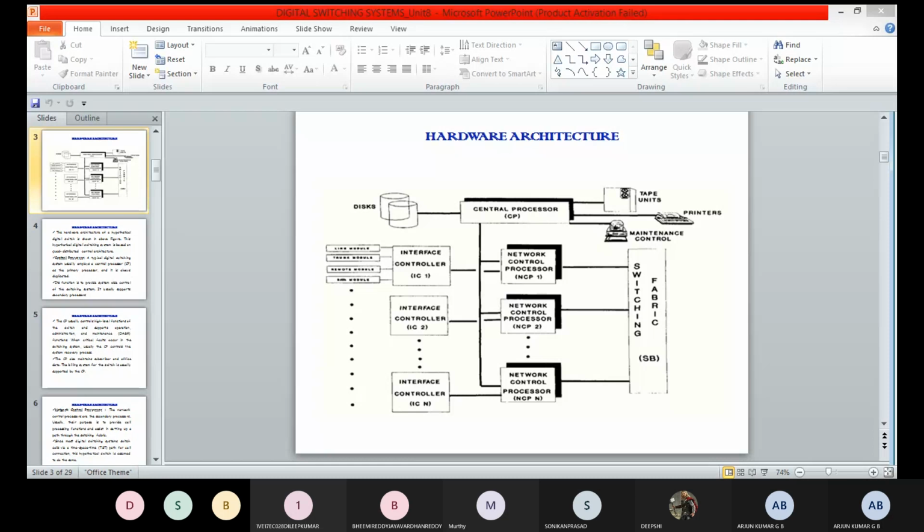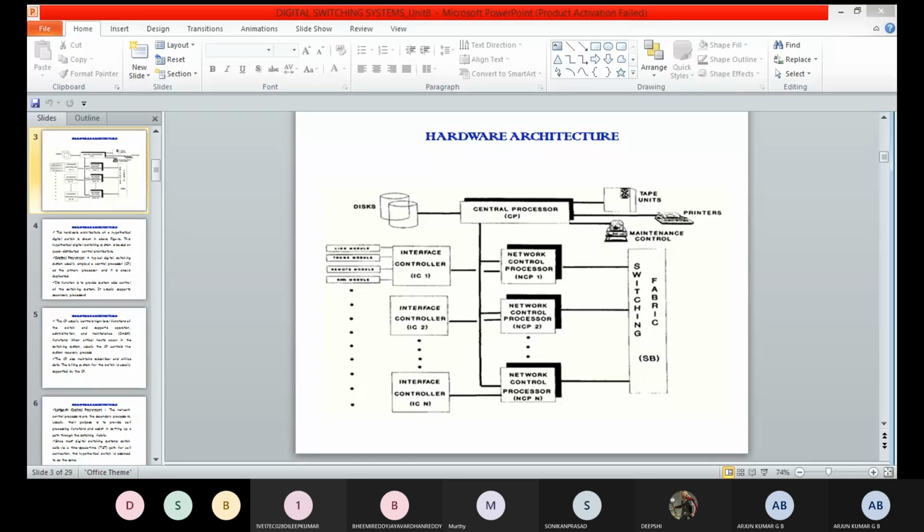Actually, the generic digital system architecture, the typical customer switches, and the functionalities of an operational digital system. These are the important topics studied in this particular module.